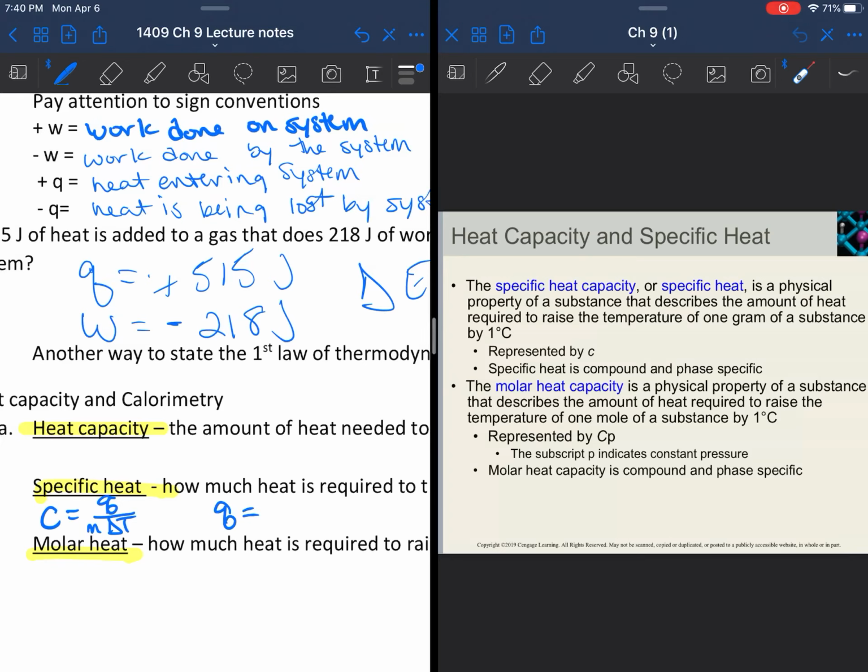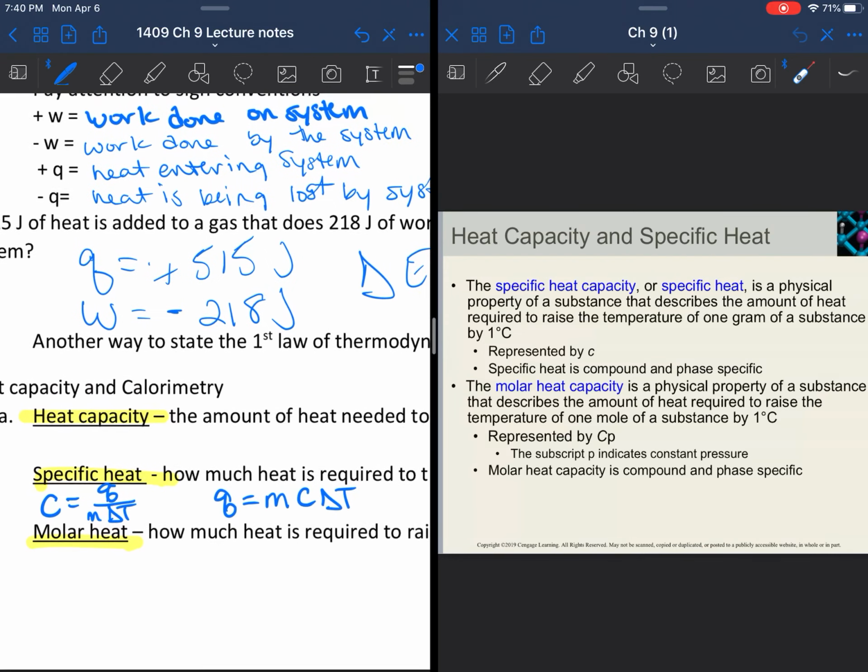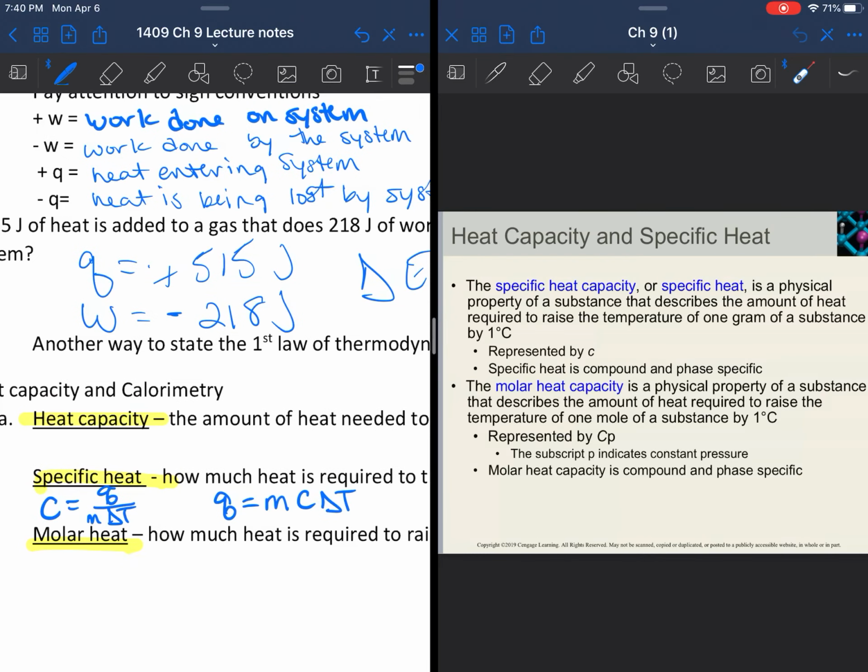The equation that we are going to find more useful, that you're going to see on your formula sheet and in the slides, is just a rearrangement of that: the amount of heat is equivalent to mass times specific heat times delta T. It's going to be important. We're going to use that equation a lot today.